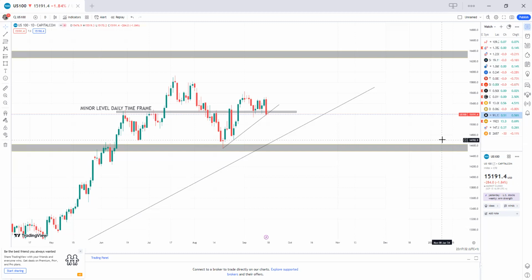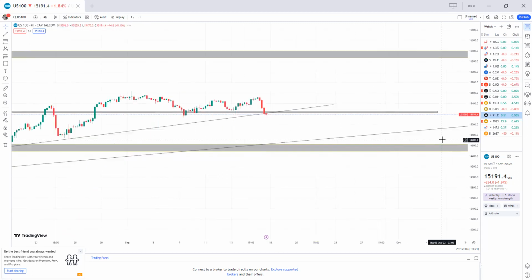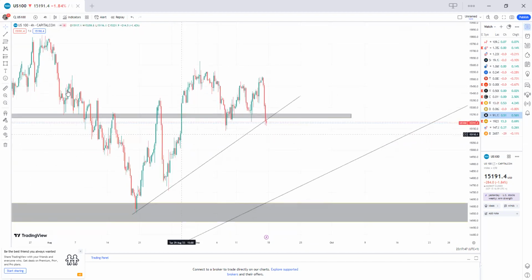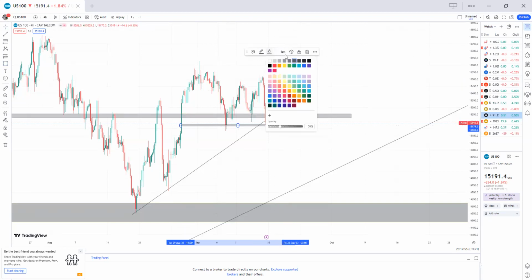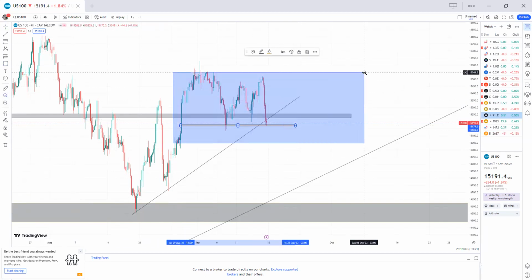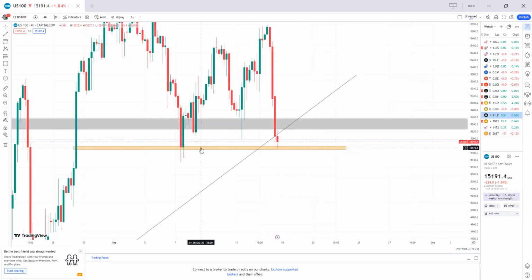So I need to go to the 4 hours time frame to see things very, very clearly. As you can see, that is the support.